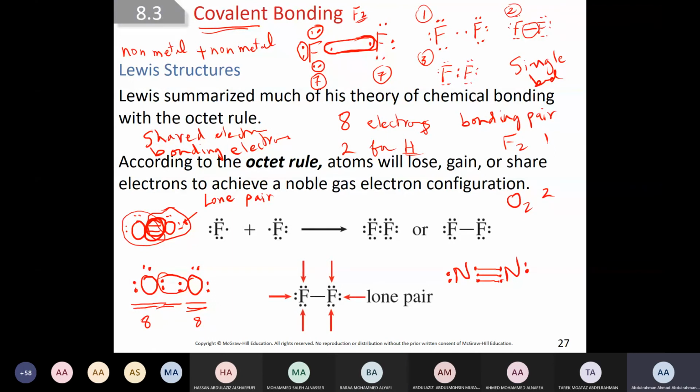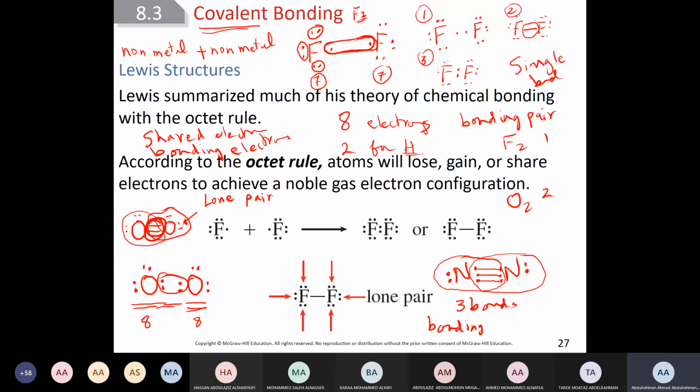So now, how many electrons after we make the bond? How many around this nitrogen? 8. And the other nitrogen? 8. How many bonds did we make? 3 bonds.